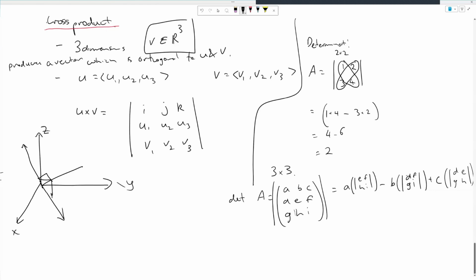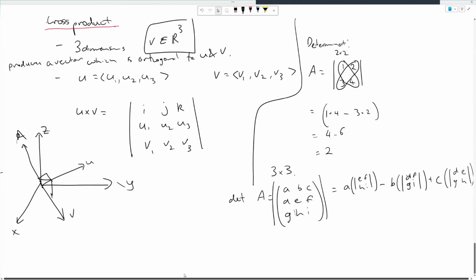Wow, that is a terrible 90-degree sign. But by solving this, this is how you get that third vector. If this is u and this is v, let's call this A. Okay, cool, so that's what the cross product is.